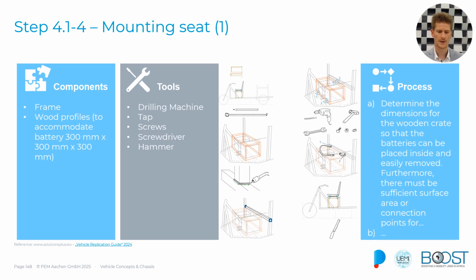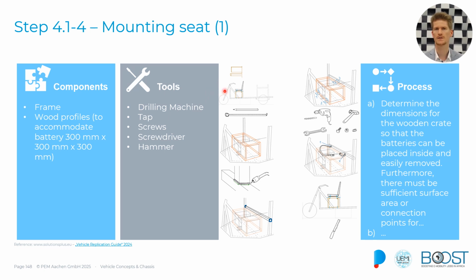If you have that, the mounting of the seat has to take place. Obviously, what do you need? You need the frame and some wooden profiles to accommodate the battery. So what we do is build out of wood a sort of box that we can mount the seat on. What we need for that is a drill, some tap screws and screwdrivers, and probably a hammer.